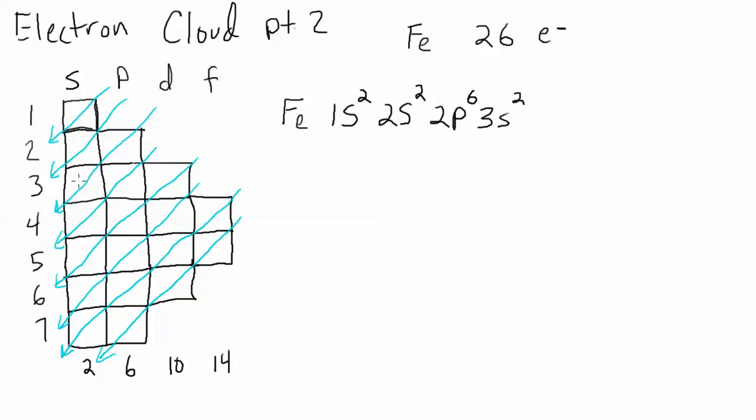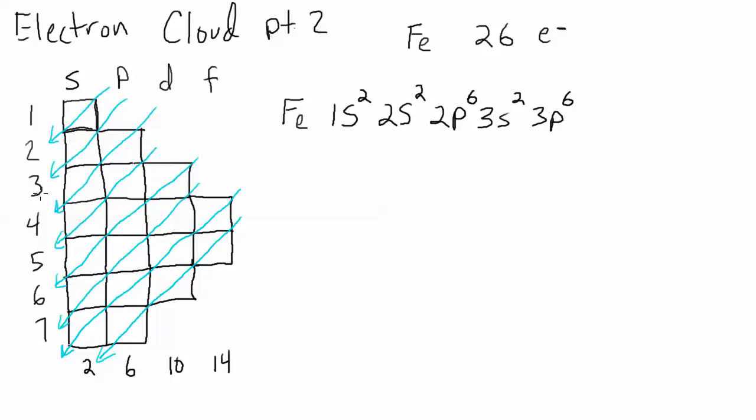So after 3s, according to our diagonal arrows, we go to 3p. So 3p, and p's can always hold up to 6. Okay, so now we're at 10, and 6 plus 2 is 8, so now we're up to 18, and again, iron has 26 electrons, so we have to keep going until we get 26.